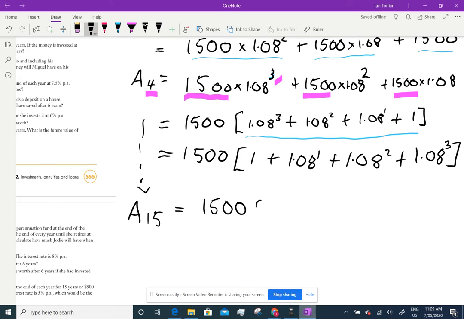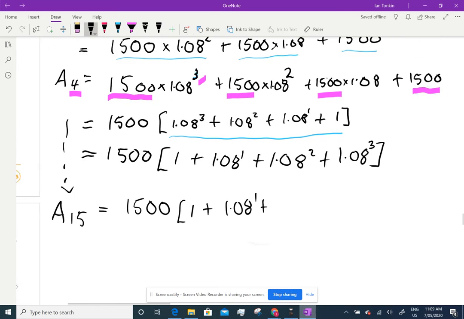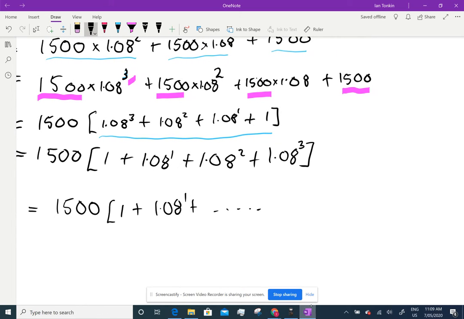1500, 1 plus 1.08 to the 1 plus, I'm not going to write all the other terms, 1.08 to the 13 plus 1.08 to the 14.